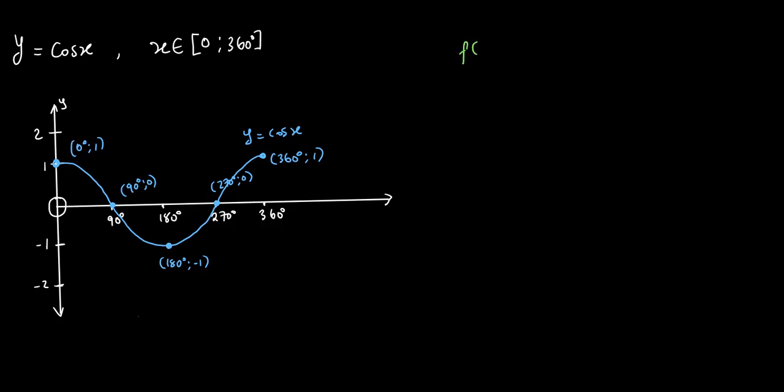So the minus tells us that the graph has been reflected across the x-axis. So the minus there tells you that there is a reflection across or about the x-axis.